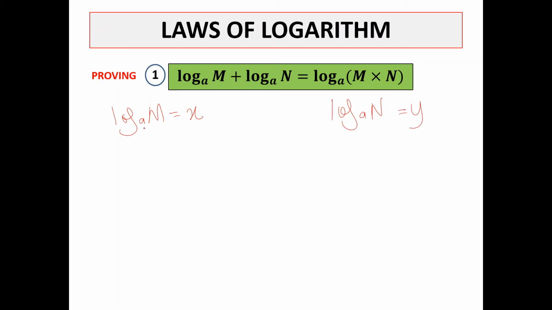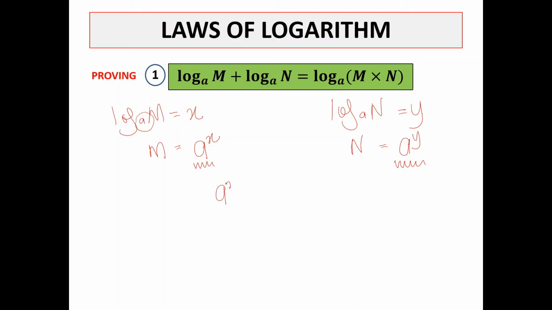Now we change this into index form. So a will become the base of index, so m equals a to the power of x and n equals a to the power of y. The next step is I want to multiply a to the power of x and a to the power of y.